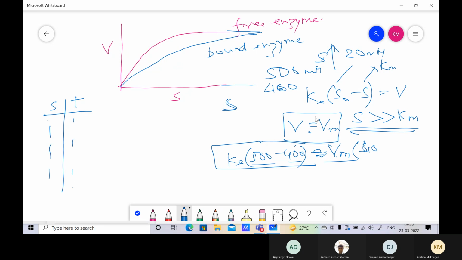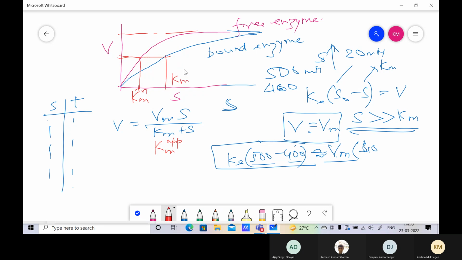We write the basic equation as V is equal to Vmax S upon Km plus S, and this Km now becomes Km apparent, because this here is the maximum velocity, and at half the velocity, which is an approximation of Km, this is your true Km, and this is your Km apparent. This Km apparent incorporates the fact that the substrate concentration that the enzyme is going to see is determined by this expression here. Is this argument clear?